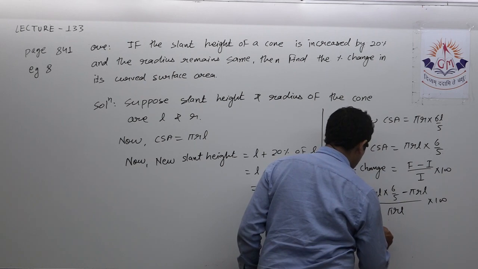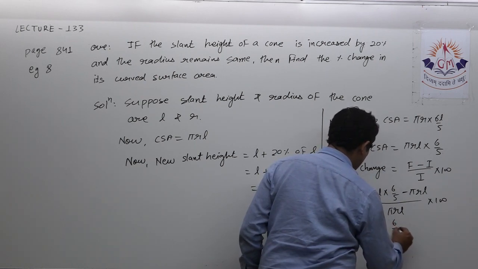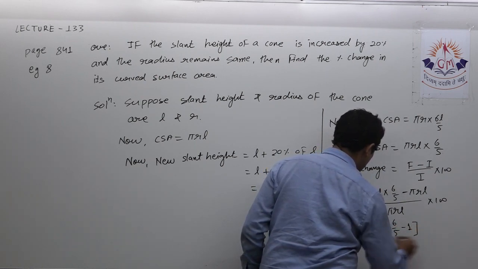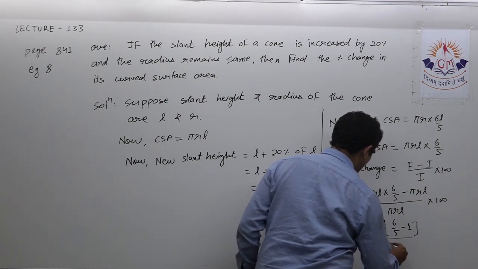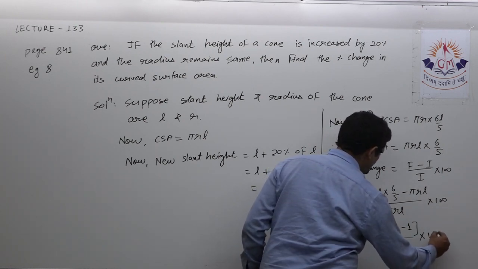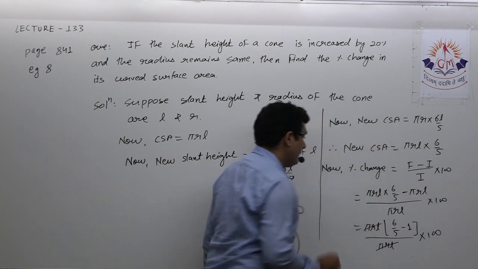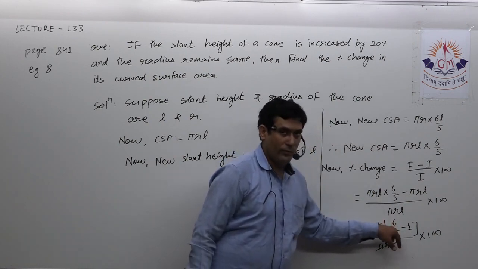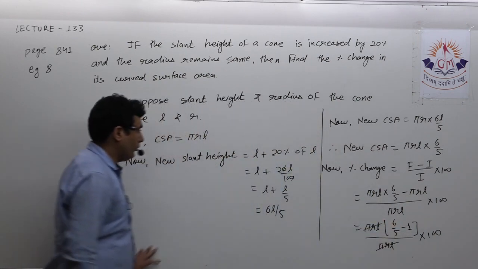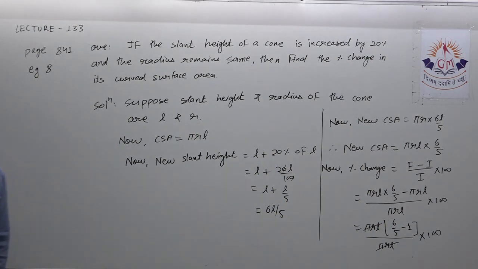From the numerator, if I take pi R L common, here I will get 6 upon 5 minus 1 upon pi R L, multiplied by 100. Pi R L cancels. So just by solving this, I will get my final answer. Note it down up to this point, then we will see the remaining part of the solution.